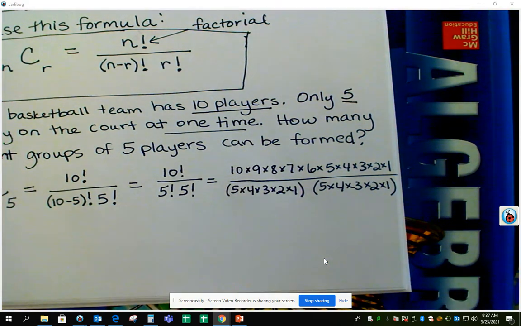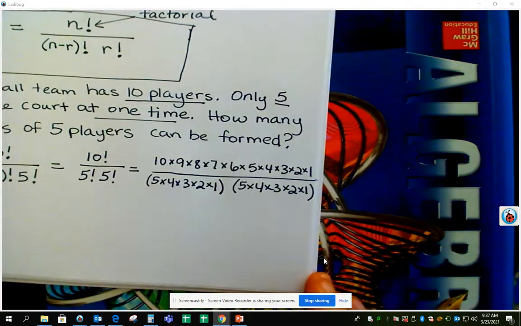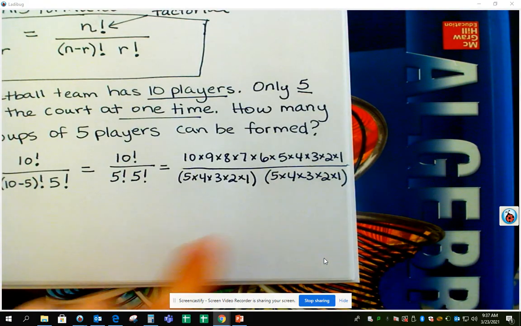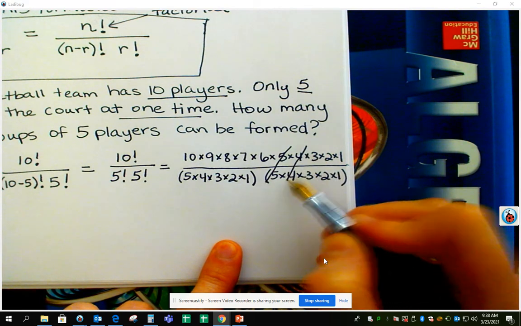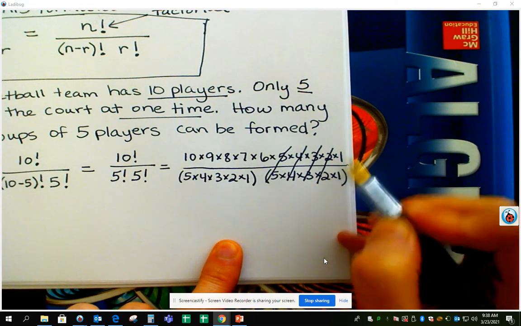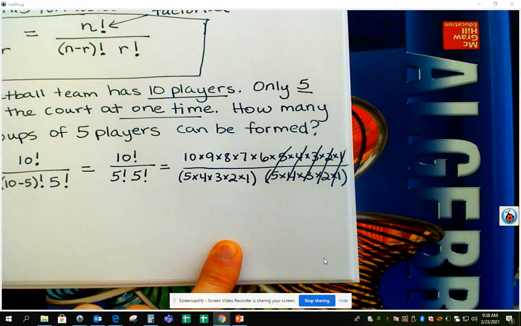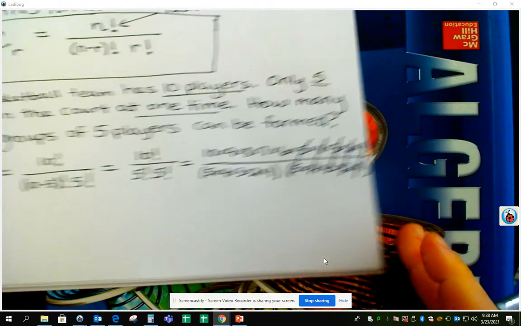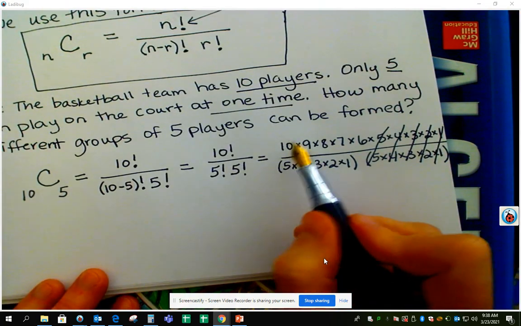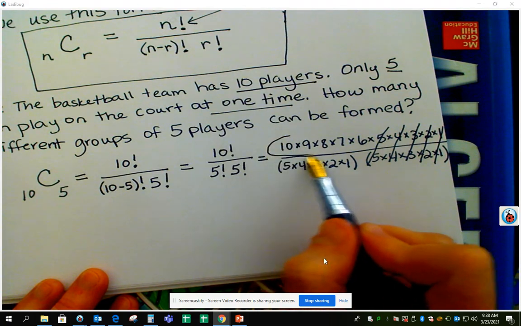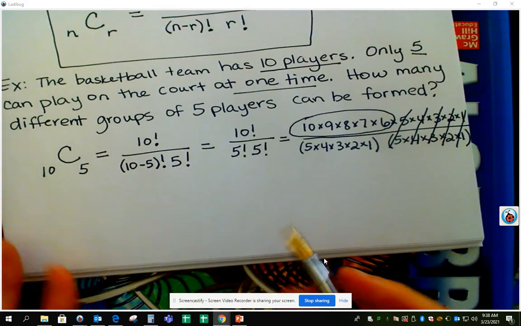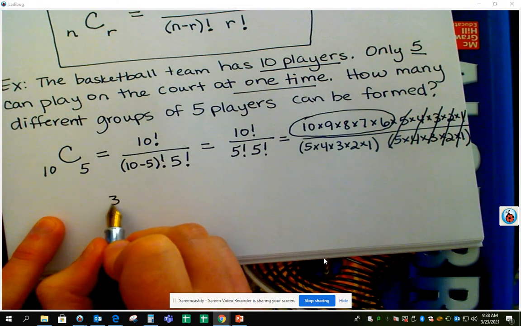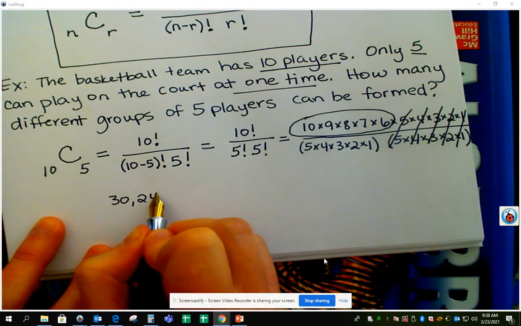Okay? Now, before you go multiplying, see if you can cancel anything out. So 5 divided by 5 is 1, 4 divided by 4 is 1, 3, 2, 1. I got rid of all of those right off the bat. Okay? So now I just need to use my calculator to multiply 10 times 9 times 8 times 7 times 6, and I'll get 30,240.